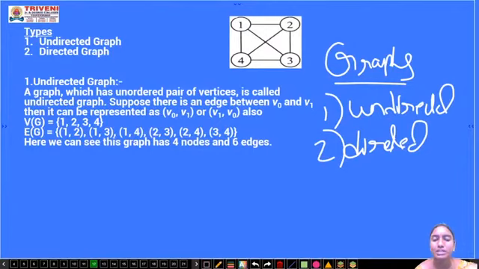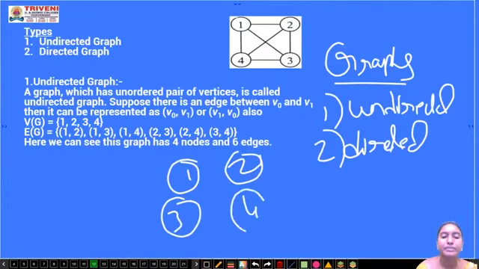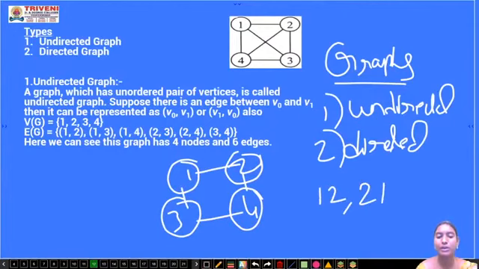An undirected graph moves in both directions. Here we can observe 1 2 and 3 4. Observe that 1 2 means 1 2 and 2 1 are also placed here. So both directions are allowed here.